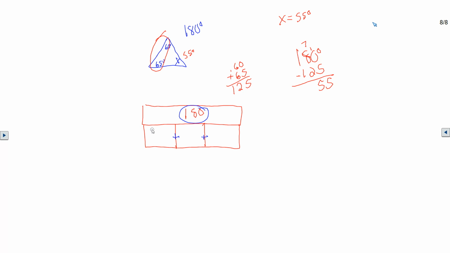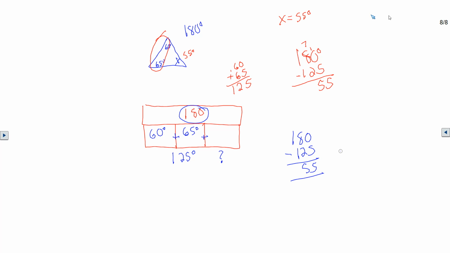So I know that we have 60 degrees, 65 degrees. And if I add those together, we already know that that's 125 degrees, but we don't know what that is. And again, we have to take the total, subtract what we have, and we will end up with the 55 degrees. That's pretty much all we have to do.